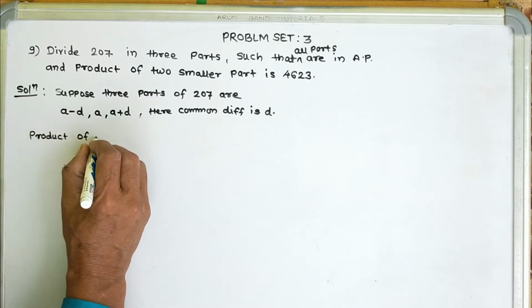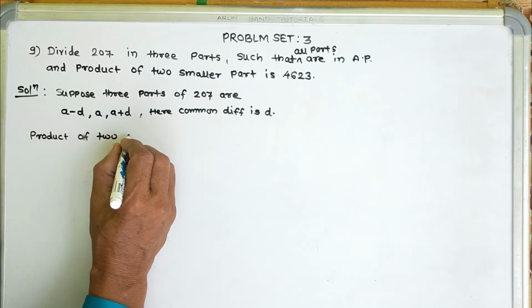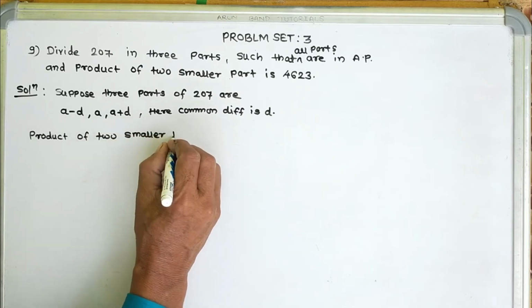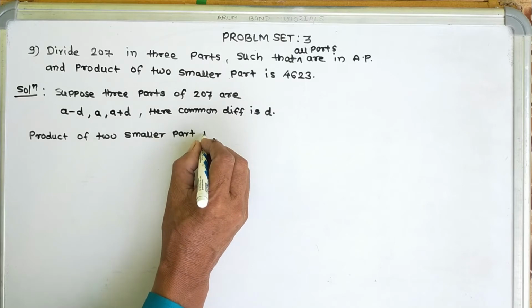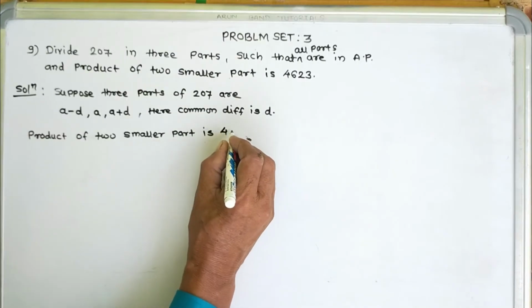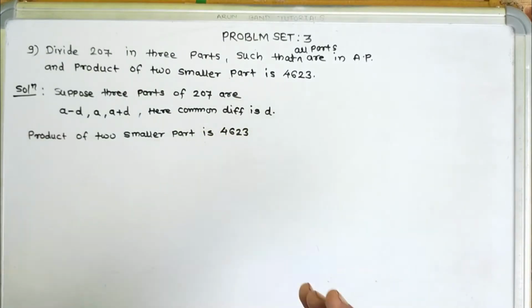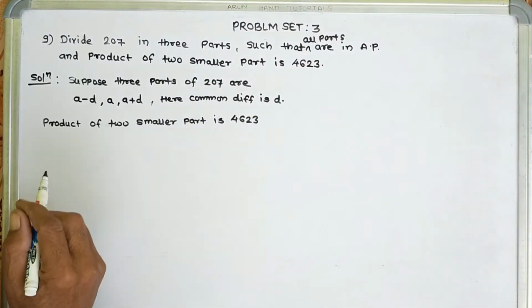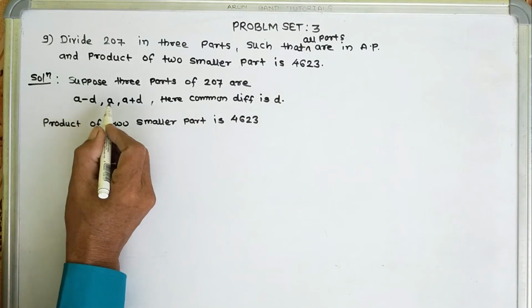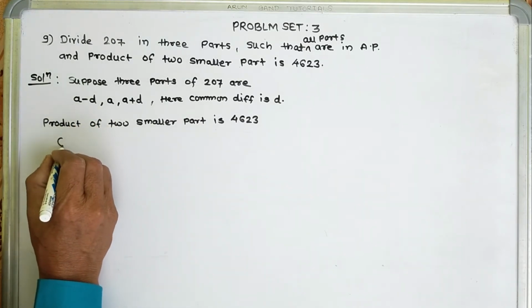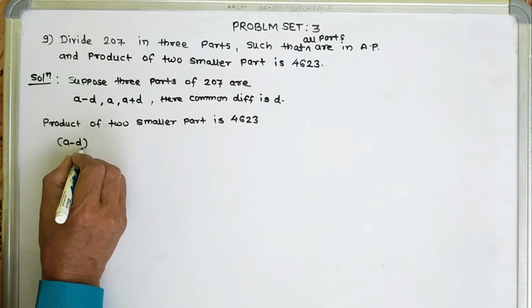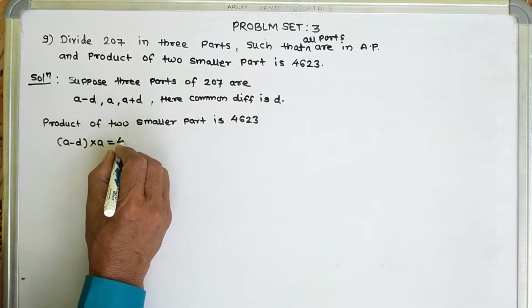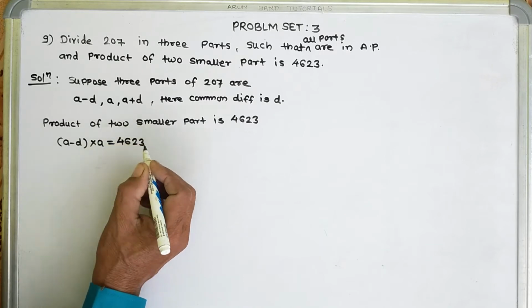So here product of two smaller parts is 4623. So two smaller parts are a minus d and a. So here we will write a minus d into a equal to 4623.